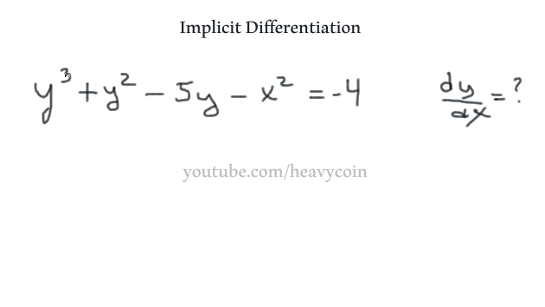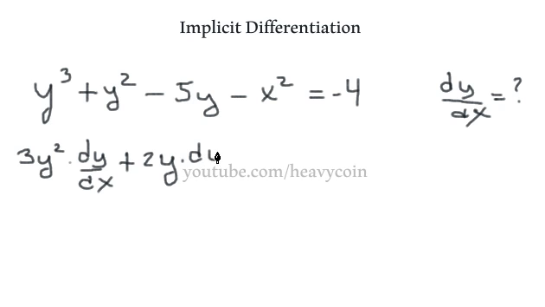We take the derivative of y cubed, and that's going to be 3y squared times, now remember we want to write dy over dx here. We take the derivative of y, write dy dx, plus, and then the derivative of y squared is 2y times dy over dx, minus 5 times dy over dx. We're taking the derivative of this, and then this is going to be minus 2x is equal to, and the derivative of a constant is 0.